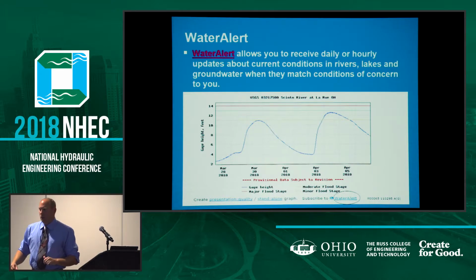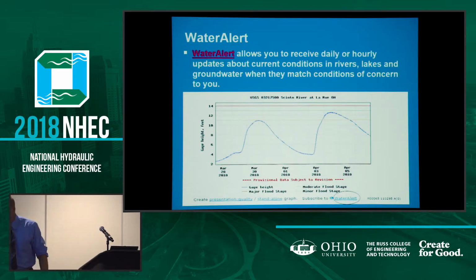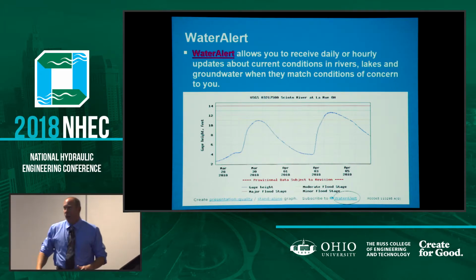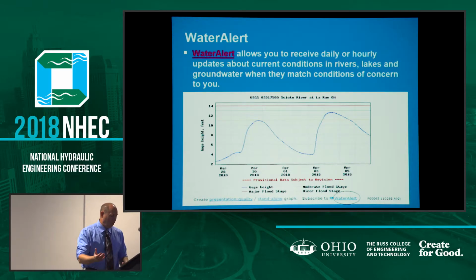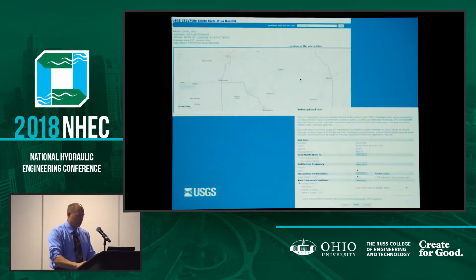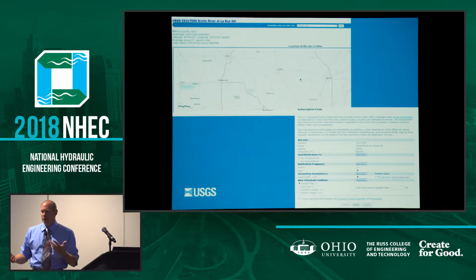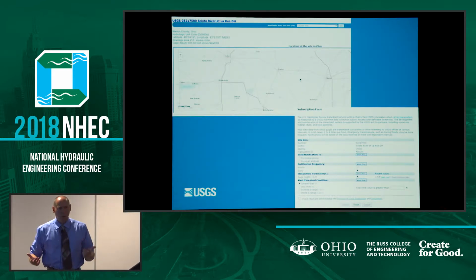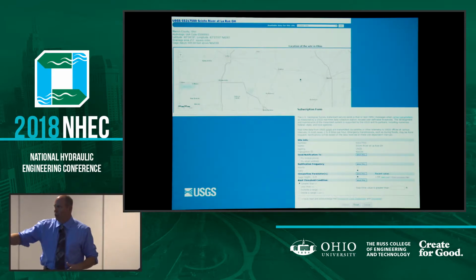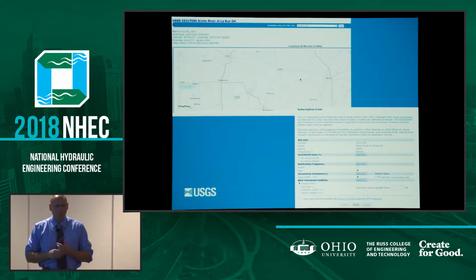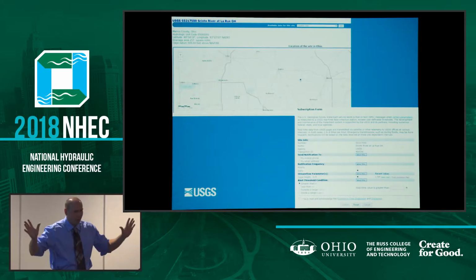And so all you would have to do is go into the bottom right there, click that, and once you do that, you'll come up with this next slide here. Now this is for Scioto River at LaRue, but you'll come up with a subscription form. And we don't ask for a credit card number or anything. This is all free, okay?